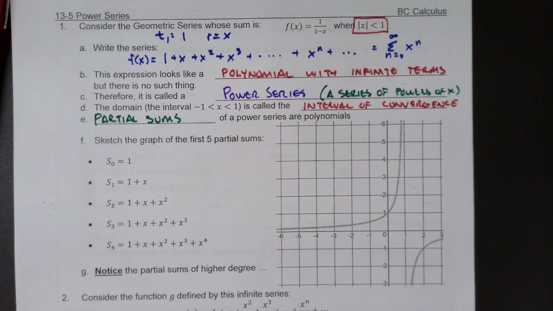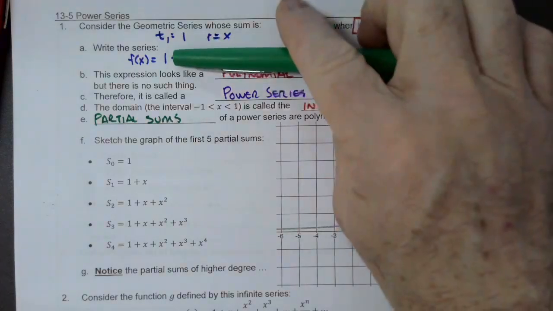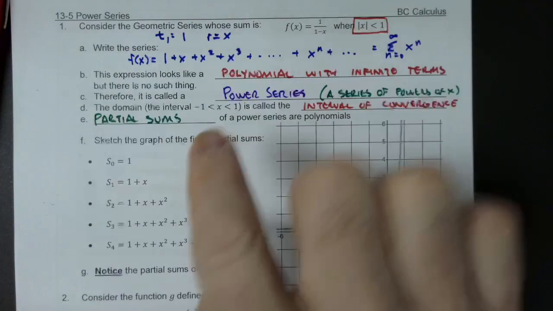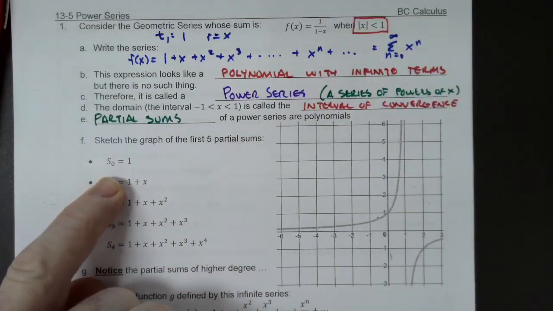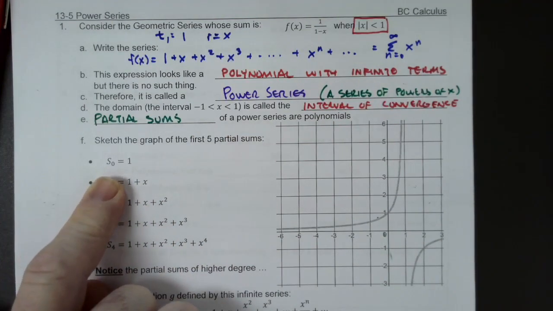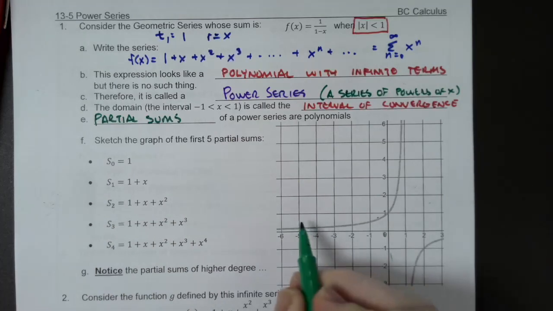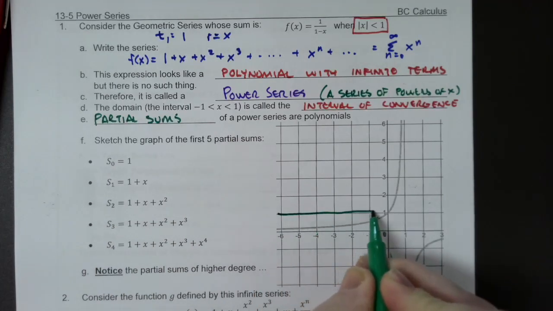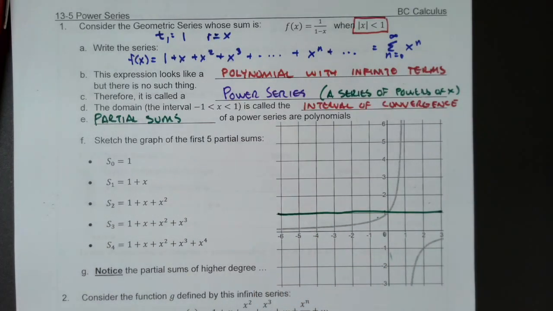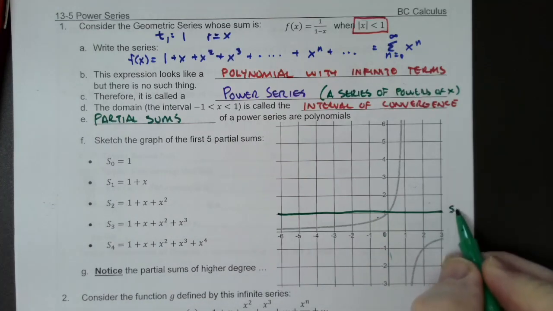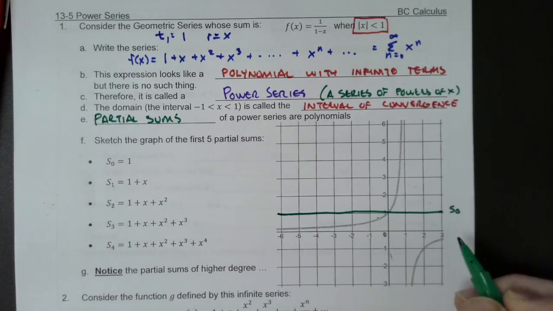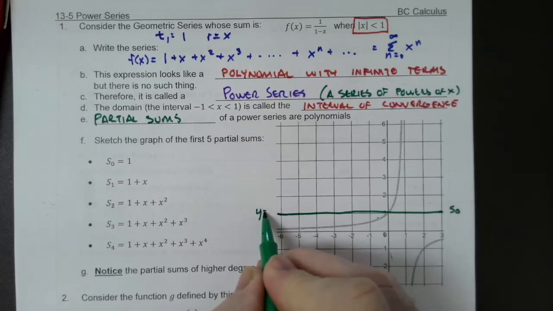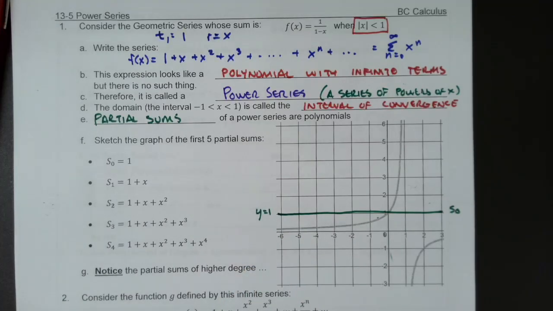If we were to graph the first partial sum, which of course is just that first term there, we can write it as s of 0, so when n equals 0, we get 1. And of course, that's just this line that looks like that. That's our first partial sum. It's just the line y equals 1. Yeah, really didn't show me much, does it?